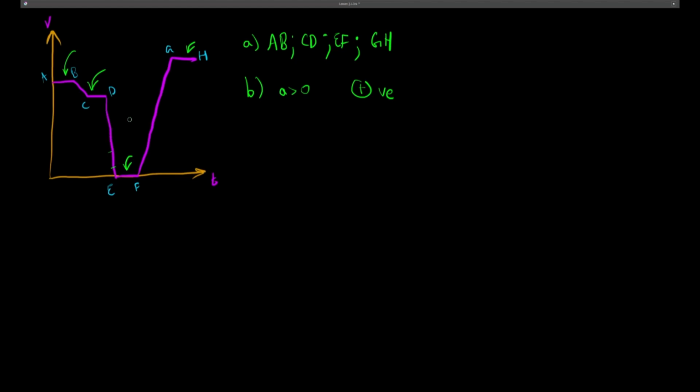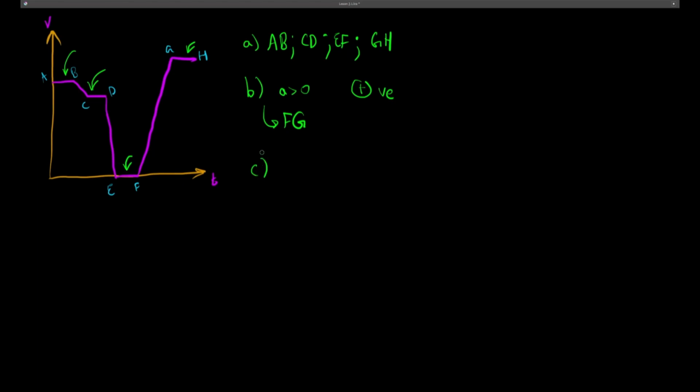So we have 2 points on this graph where there's acceleration. But where's the acceleration positive? It should be over here, f and g. Why? Because if we were to find the slope of this, it would be positive. If we were to find the slope of this, it would be negative. So it's just from f to g. So our answer would be f, g. This is the only point where there's positive acceleration.